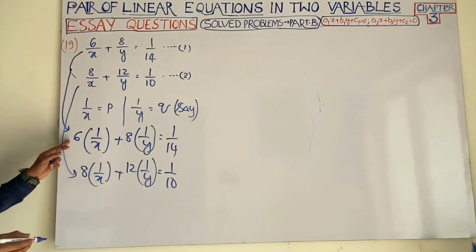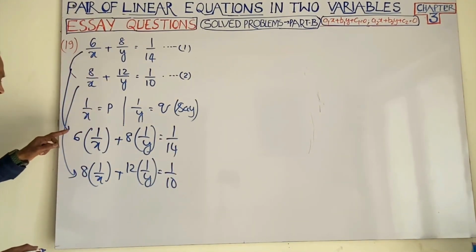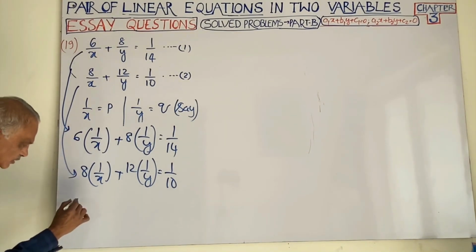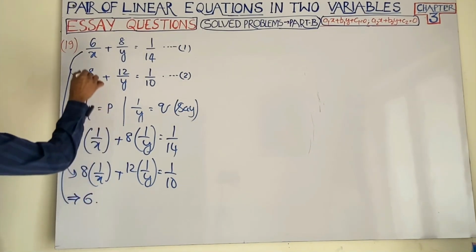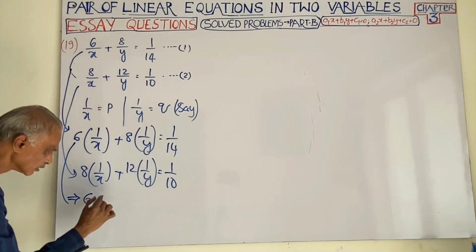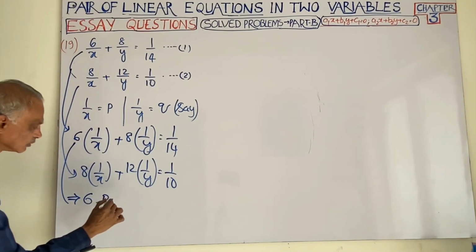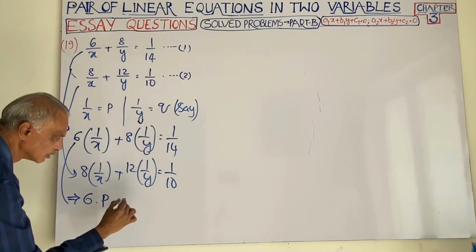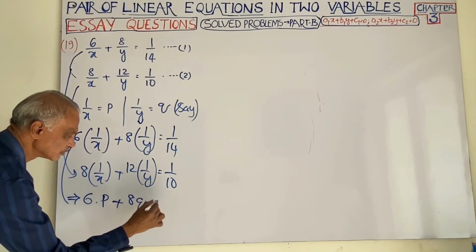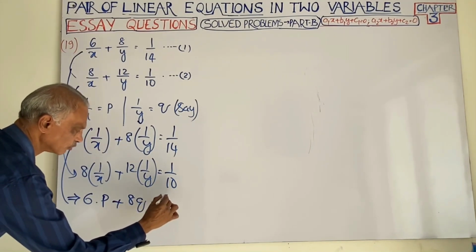This is equation 1 and this is equation 2. This implies 6 into p, since 1 by x is equal to p, plus 8 into 1 by y, which is q, is equal to 1 by 14.